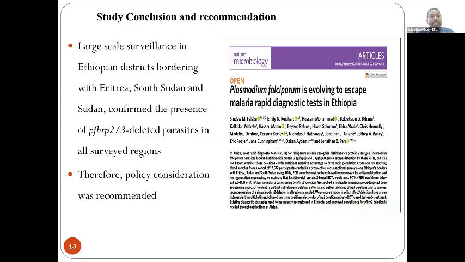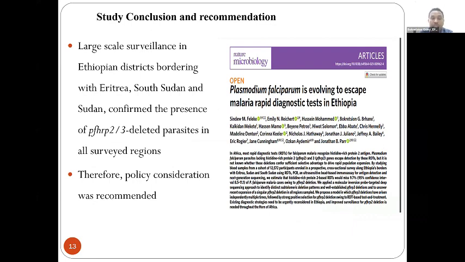So these large surveyed districts bordering Eritrea, Sudan, and South Sudan confirmed the presence of HRP2 deleted parasites, which is an indication of false negative results from the RDT.